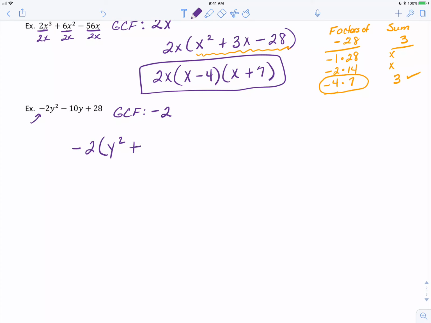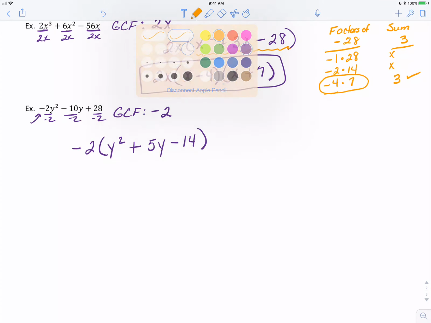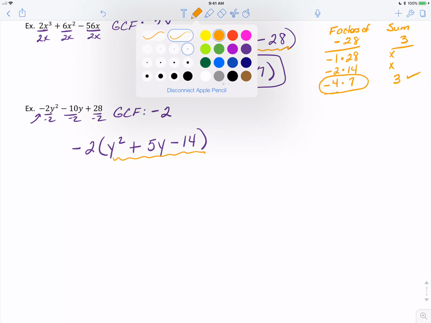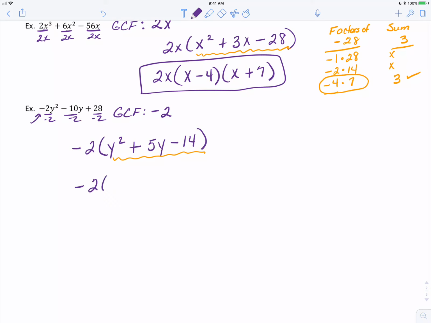And that's going to leave us with, remember we changed those signs inside there. So we're dividing everything here by negative 2. That gives us y squared plus 5y minus 14. Then we only take what's left and we see if we can factor it some more. So we're going to take that negative 2 and see if we can come up with these.